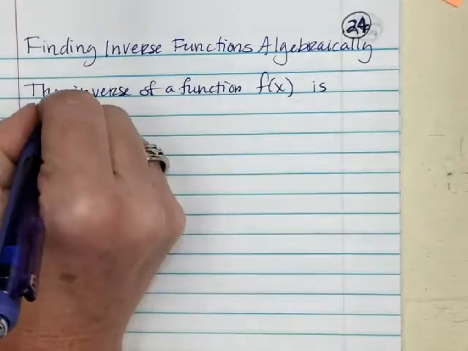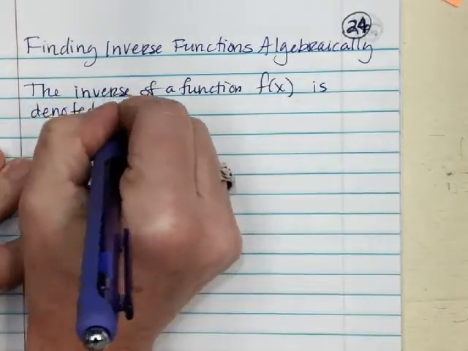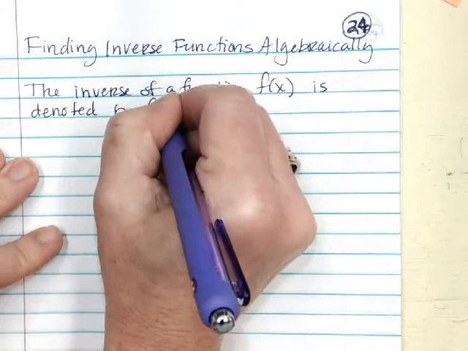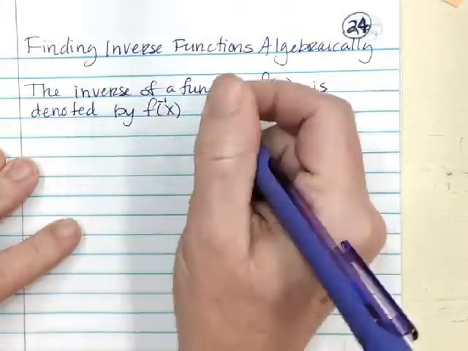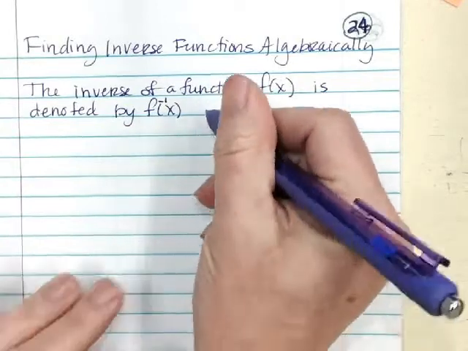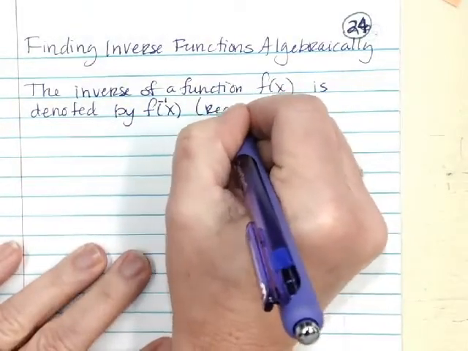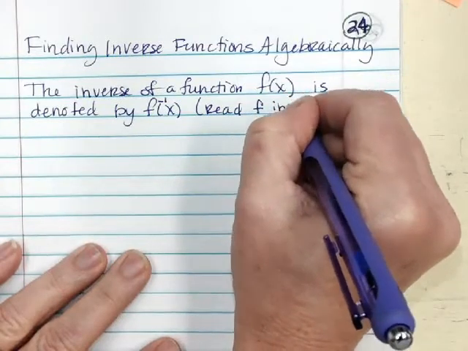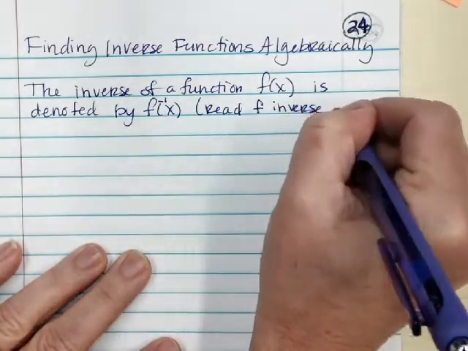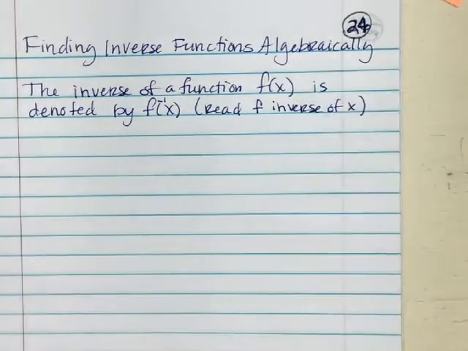It looks just like that regular function notation, but I have a -1 up top to tell me that that is an inverse. And you read that by saying f inverse of x. That's how you say it.